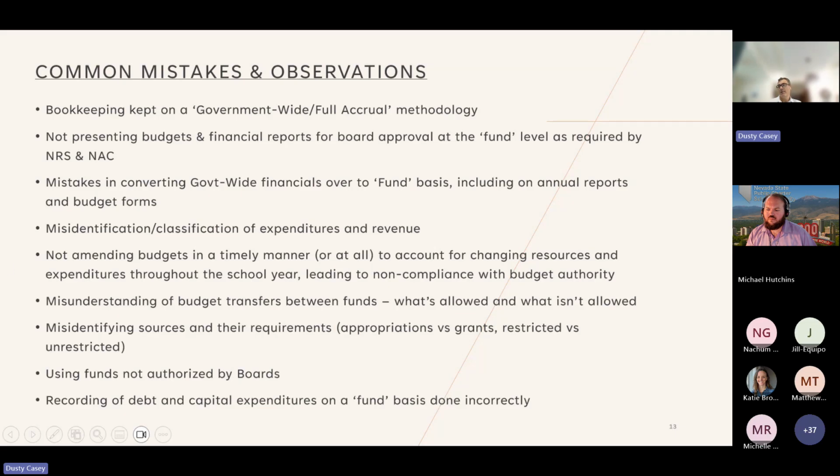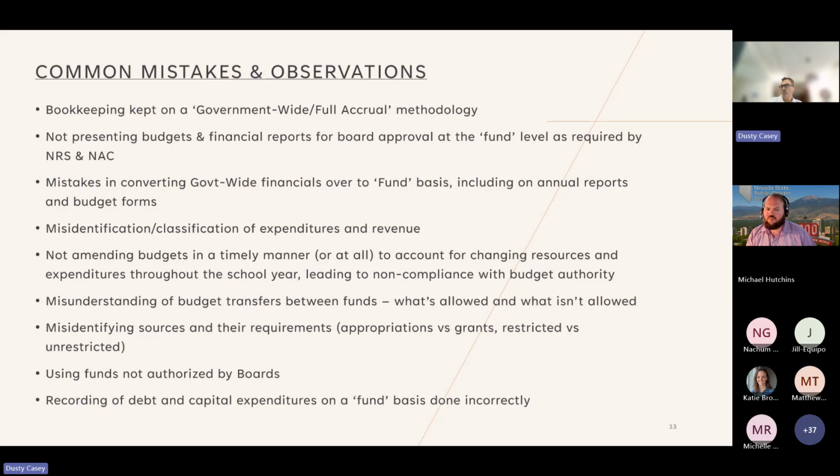So I talked about that compliance piece, that your board has that authority. When you know resources are going to change, if enrollment's gone way up and you're going to need to spend more, if you've enrolled a bunch new IEPs and you know that you're ultimately have to service those IEPs and your school leader knows you're going to have to spend more because you have to hire an additional staff member to service those IEPs. Maybe you enrolled a student with severe needs under their IEPs that requires a one-on-one, right?